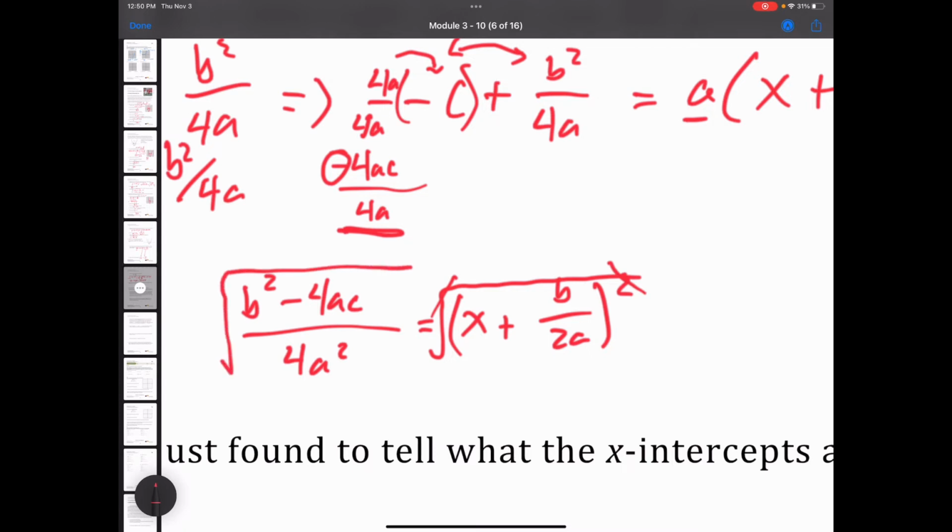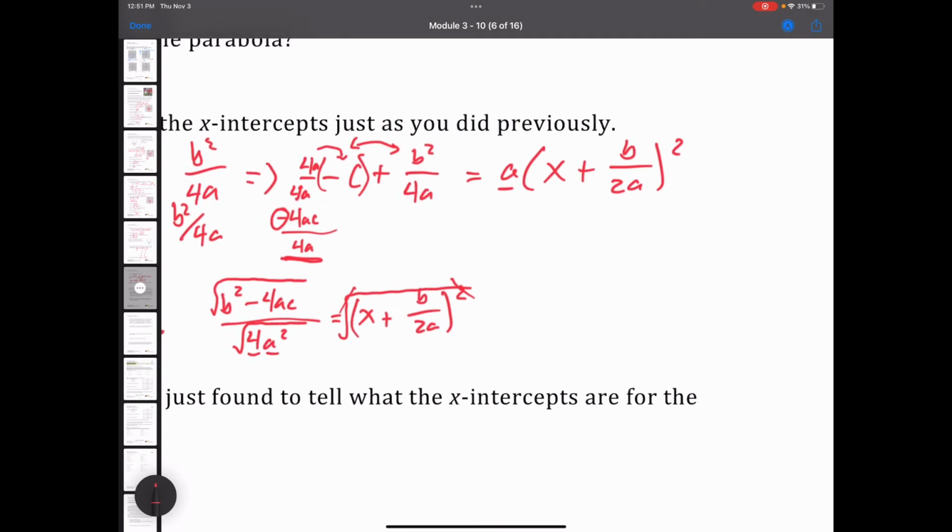Now remember, when I square root the fraction, I can square root the numerator and square root the denominator separately. And I want to do that because I see 4 and a squared are both perfect squares, right? So the top cannot simplify because even though b squared is a perfect square, there's a subtraction right here. This only works when there's just multiplication between the two, so I can't separate out these two terms under the top square root.